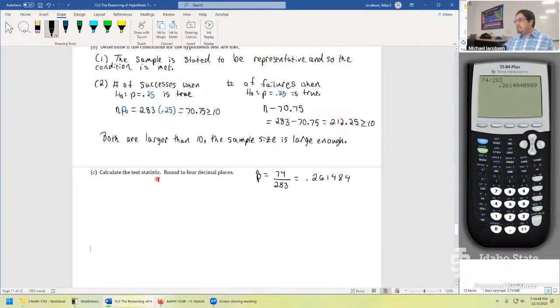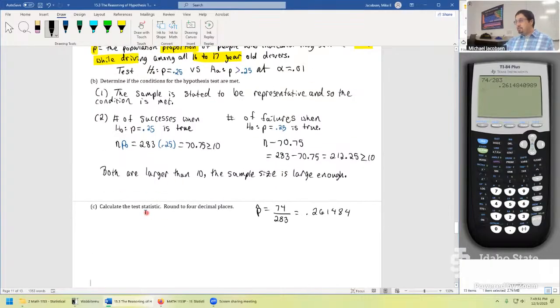Now that you have p hat, it's a good time to write down the formula for the test statistic. The test statistic itself, indicated by a z, is p hat minus the hypothesized value p naught. So we're going to use that 0.25 again.